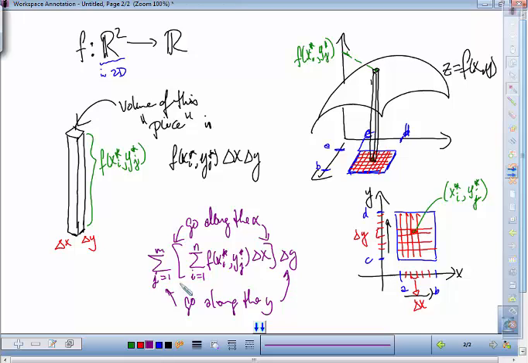And now we have this. So that's how we're going to define our double integral.